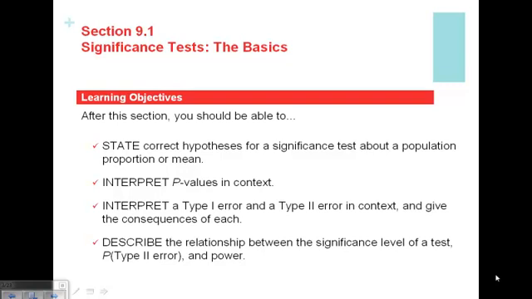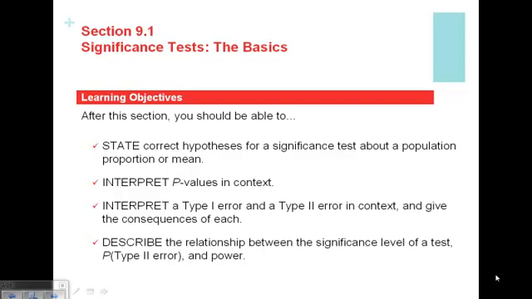So, by the end of this section, we should be able to do these things. We should be able to correctly state a correct hypothesis for a significance test. We're going to be able to talk about what we mean by a p-value, and what it means in the context of the problems that we're trying to solve.